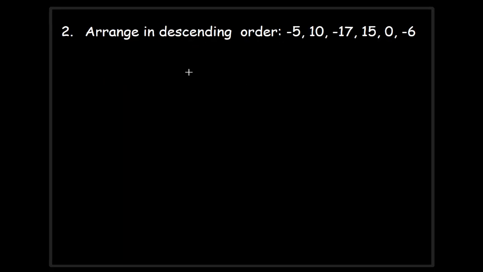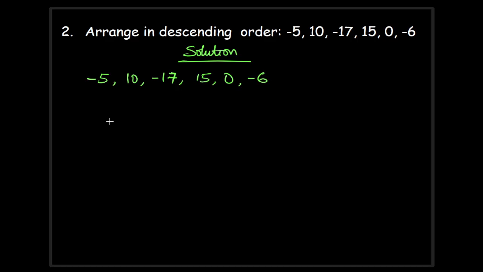So let's move to number 2. We are to arrange this in descending order: minus 17, 15, 10, 0, and minus 6. So what do we have?